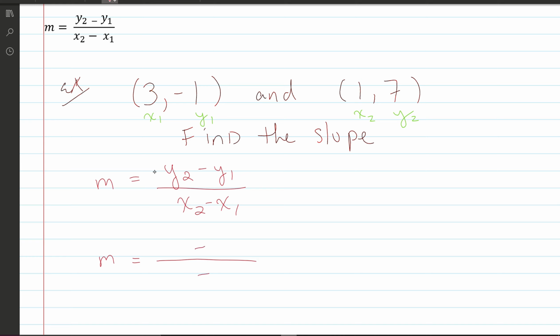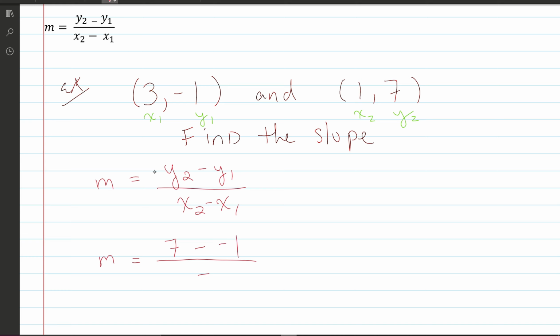Again, paying attention to detail, make sure you write the minus sign from the formula. Writing the minus sign from the formula is important, and then we go ahead and substitute in, because the other values that we substitute in could have signs that may need to be changed. So y2 is 7 minus y sub 1 is negative 1.